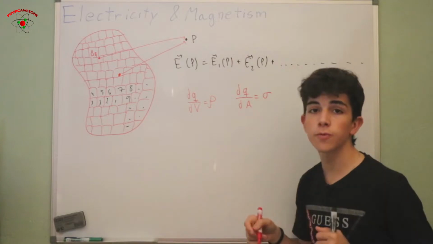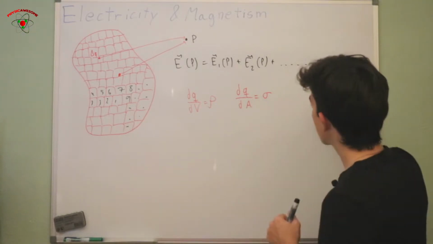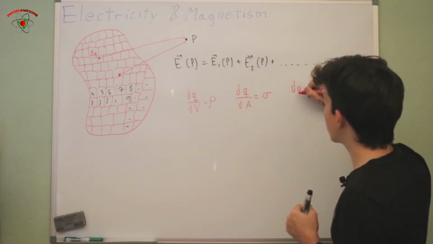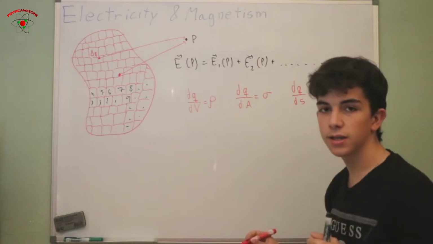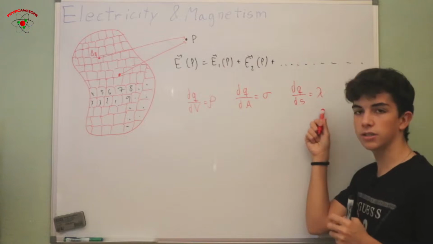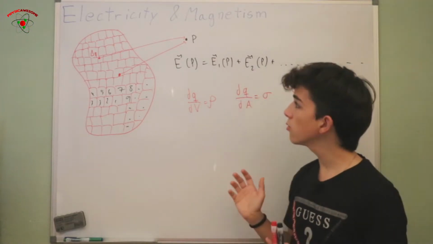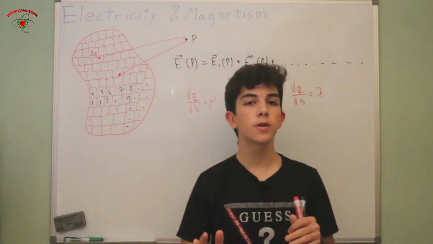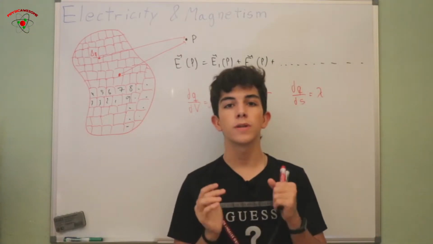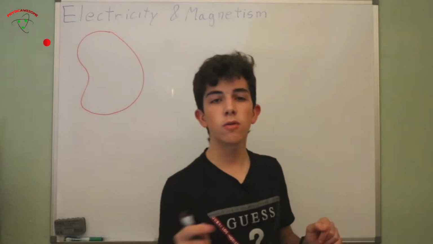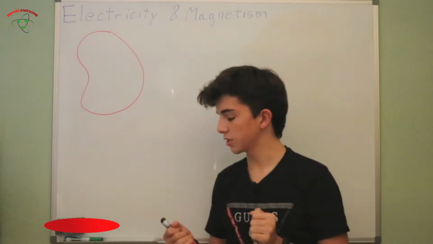This is the superficial charge density, and we define dq over ds as lambda, that is the linear charge density. Now, with all these notions, we are prepared to carry out a general calculation of the electric field from a charge distribution. Great, now let's carry out our calculation.